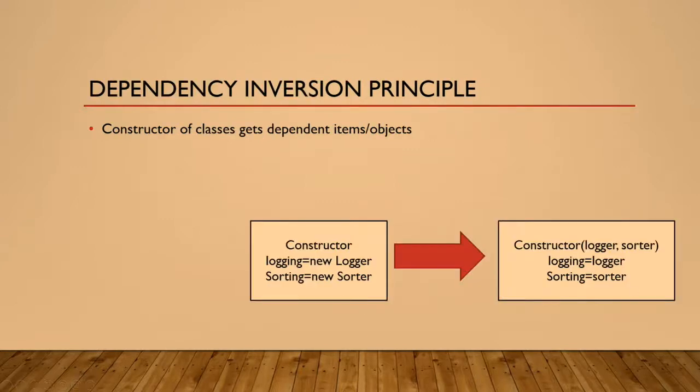And then, very important, and what I mainly will show in the example code, the dependency inversion principle. I would, in an easy sentence, say constructors of classes get their dependent objects. Let's see how it was before. We have, for example, one component, one view, or some other logic. We want a logger to log data, what was going on, errors, debugging, information, whatever, and a sorter. We would have different responsibilities, of course.